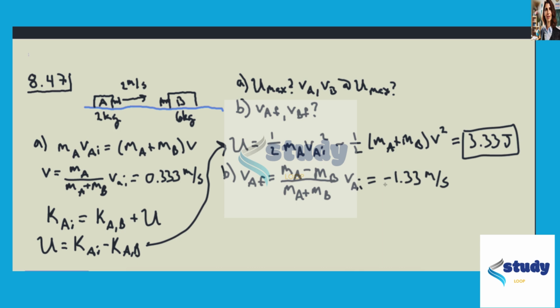So A has reversed direction. This is what you would expect, because it has a smaller mass, which is exactly what this term is saying. And so it's going to be bounced completely back in the direction it came.